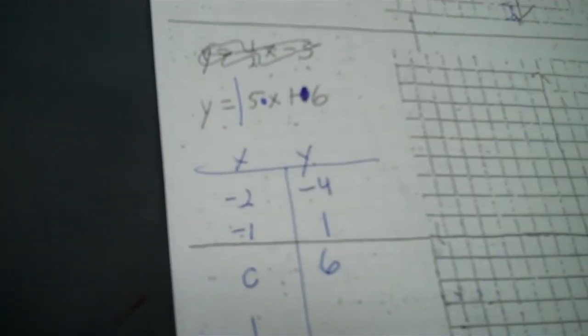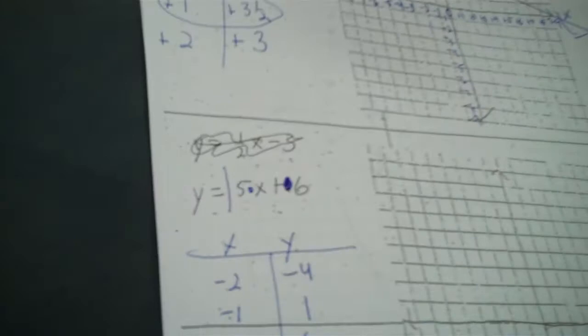After that, it's going to be equal to 5 times 0 plus 6. After that, it's going to be equal to 5 times 1 plus 6. And finally, it's going to be equal to 5 times 2 plus 6.